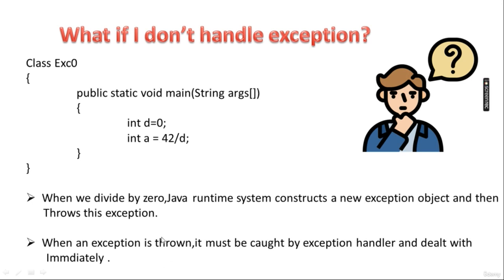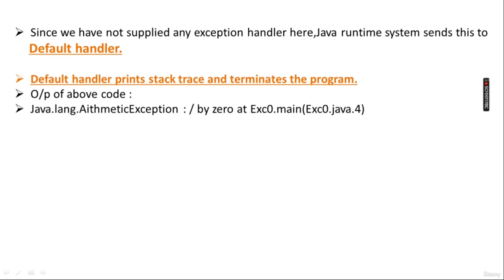When we divide by 0, the Java runtime system constructs a new exception object and then throws this exception. When an exception is thrown, it must be caught by an exception handler and dealt with immediately. Since we have not supplied any exception handler, the Java runtime system sends this to the default handler.